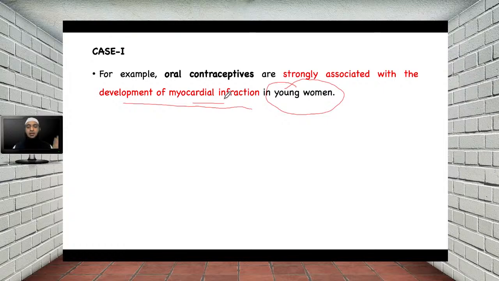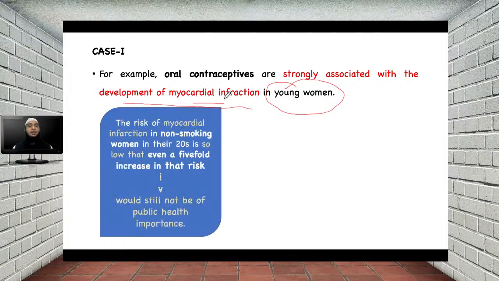Now there are two cases. The first case is the risk of myocardial infarction in non-smoking women. The study can be conducted on non-smoking women in their 20s. So their age is just 20.